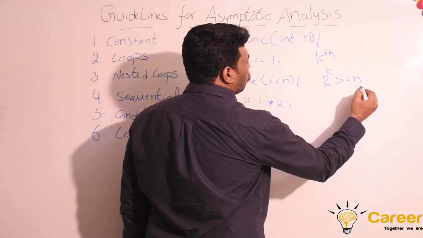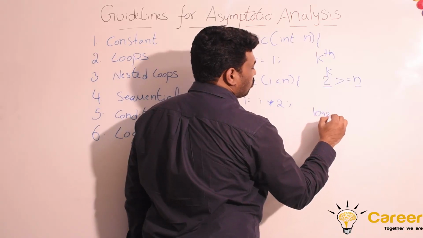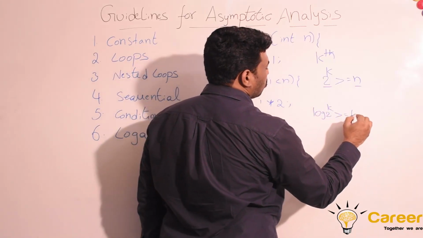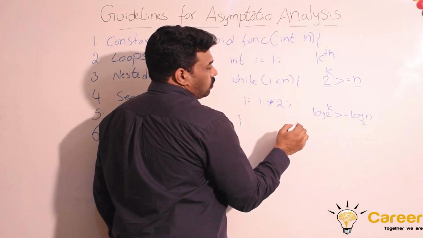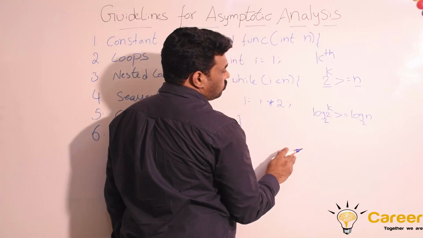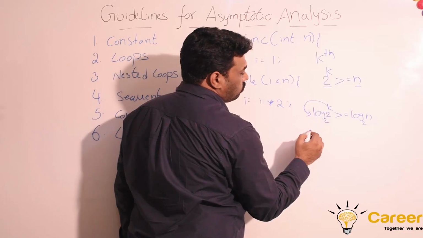Let us take logarithm on both sides, with base 2. Based on logarithmic properties, we can move the k here.